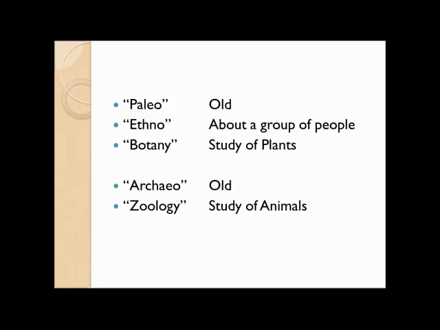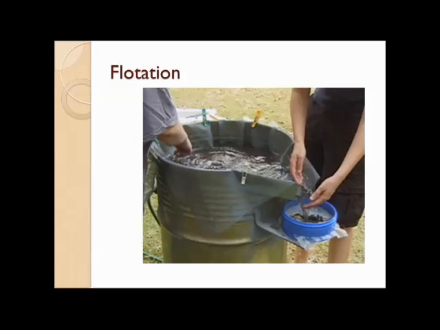So paleoethnobotany is the study of people through old plants, or the study of old people through plants, I suppose, if you like. And archaeozoology, also called faunal archaeology, F-A-U-N-A-L, as opposed to flora, that's flora and fauna opposing each other. Archaeozoology is the study of people in the past through the study of animals.